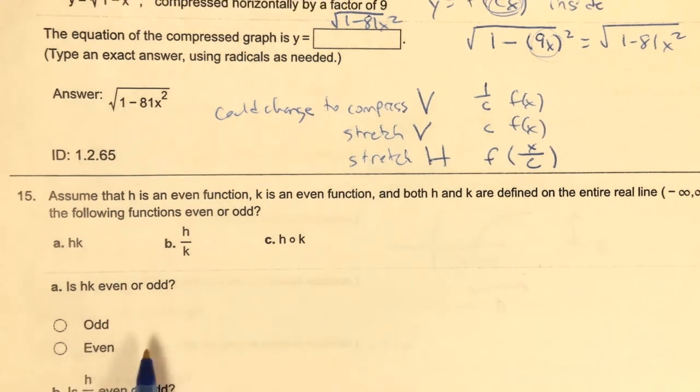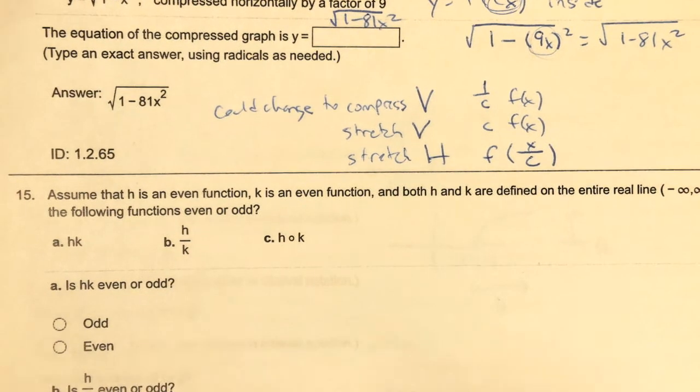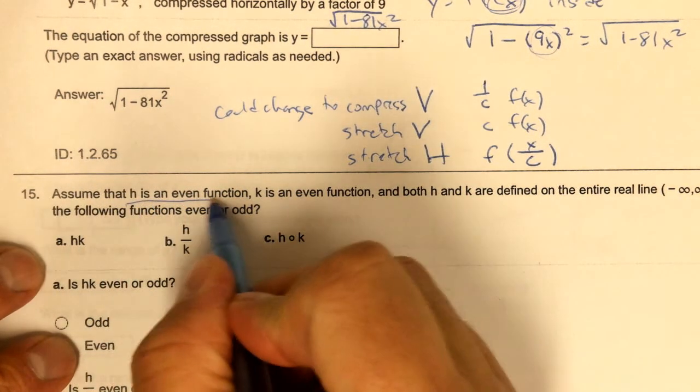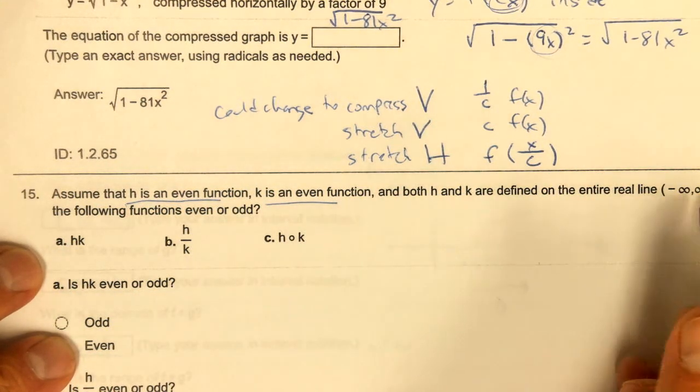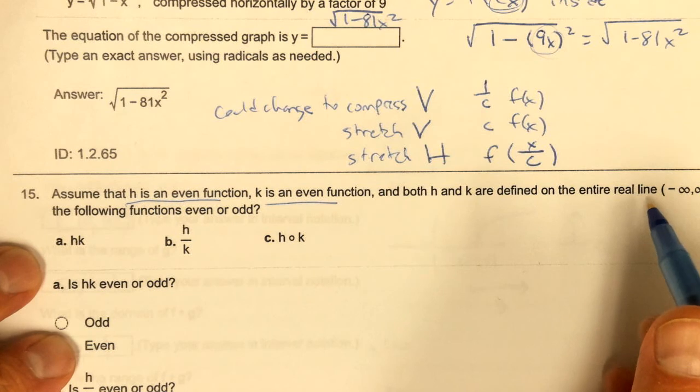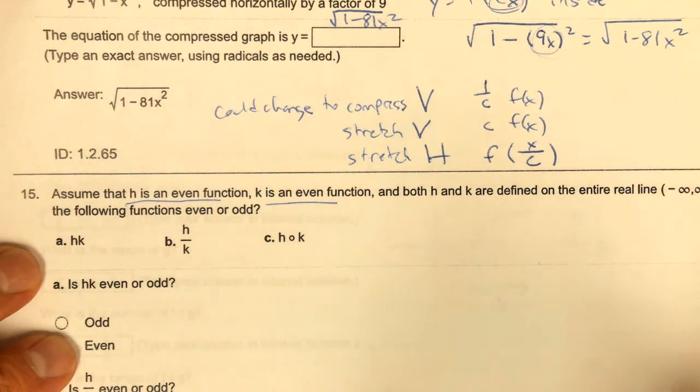Okay, now for this one, 15, this is the one where you talk about which function is even or odd. So h is even and k is even, and they're all real numbers for your domain, and it wants to know if they're even or odd.